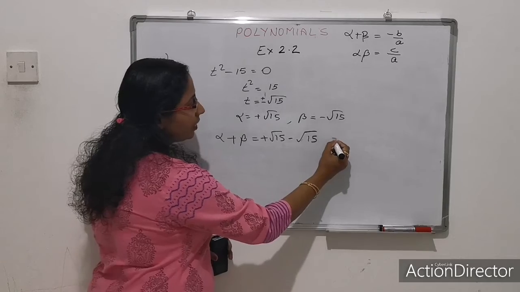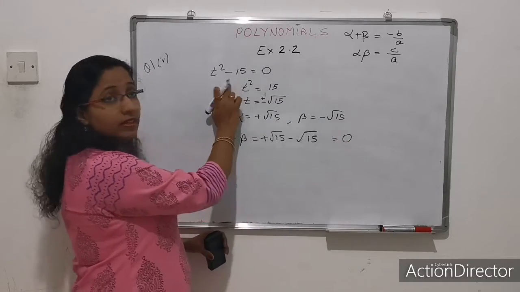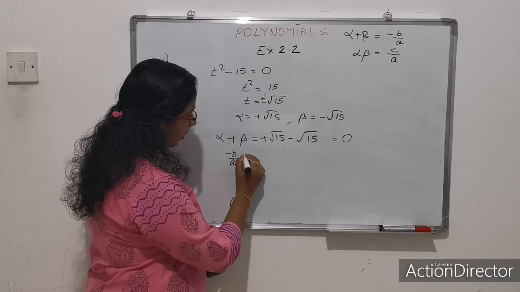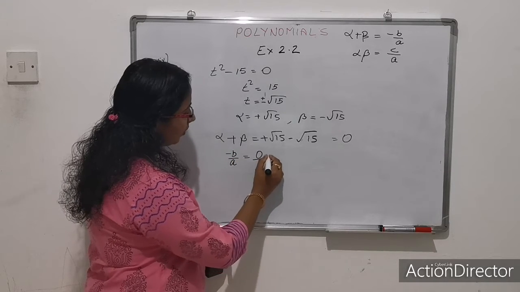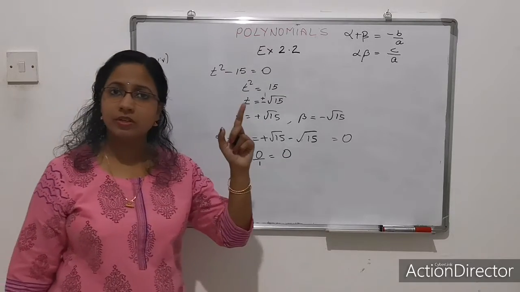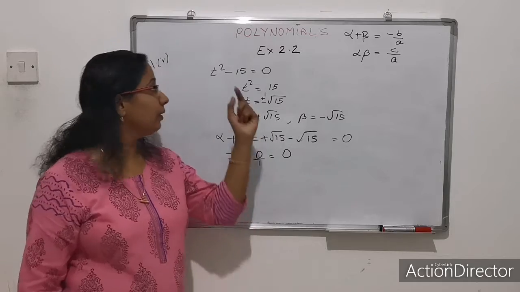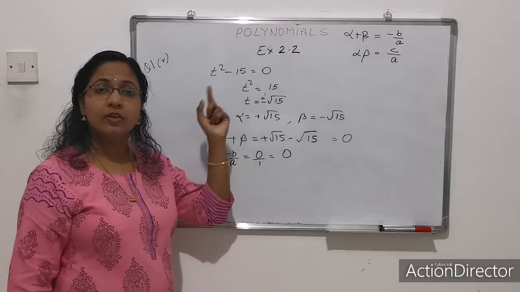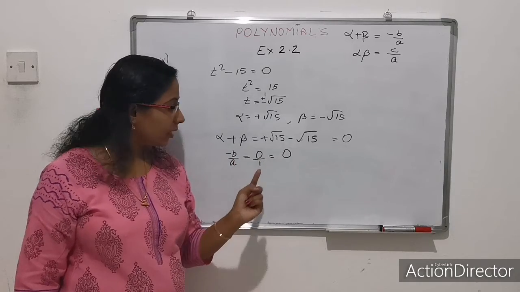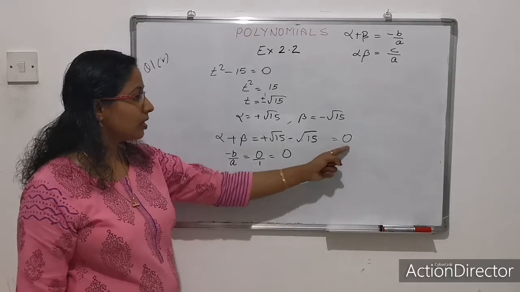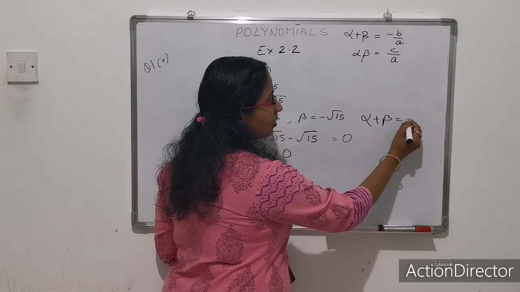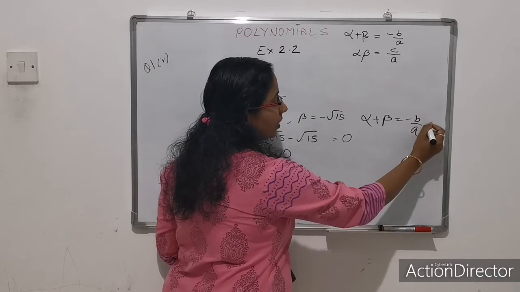So plus and minus will give you 0, and here minus b by a is equal to 0 by 1, that is 0. Why? Because there is no t term. T square is there, no t. So b is missing. So it means b is 0. Okay, so 0 by 1 is 0. 0 and 0 same. So again alpha plus beta is equal to minus b by a.